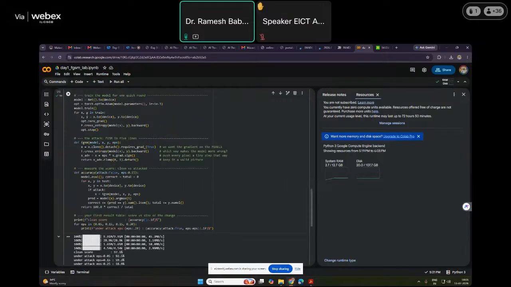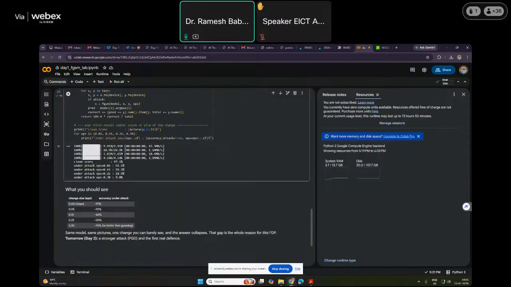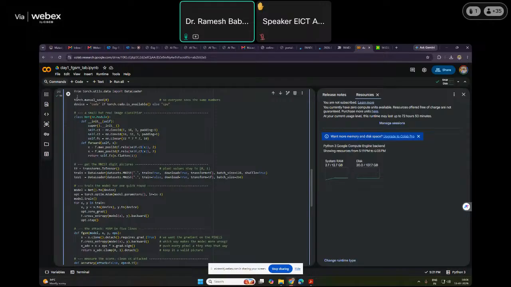This is the code snippet that I have briefed you on, with all the components, and this is what it should output. You can see at 0.05, it is getting 92. At 0.15, it is getting 59%, at 0.25 it is getting 18, and at 0.3 it is getting only 9%. So you can implement this entire code snippet in your Colab notebook.